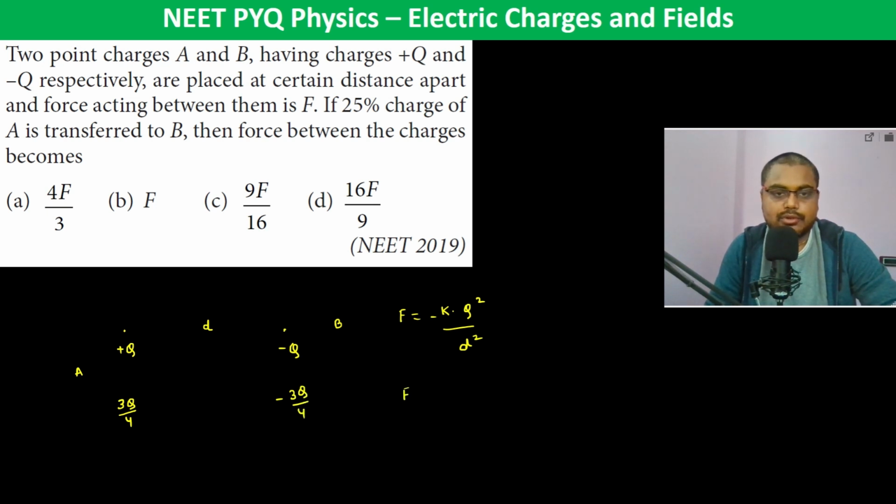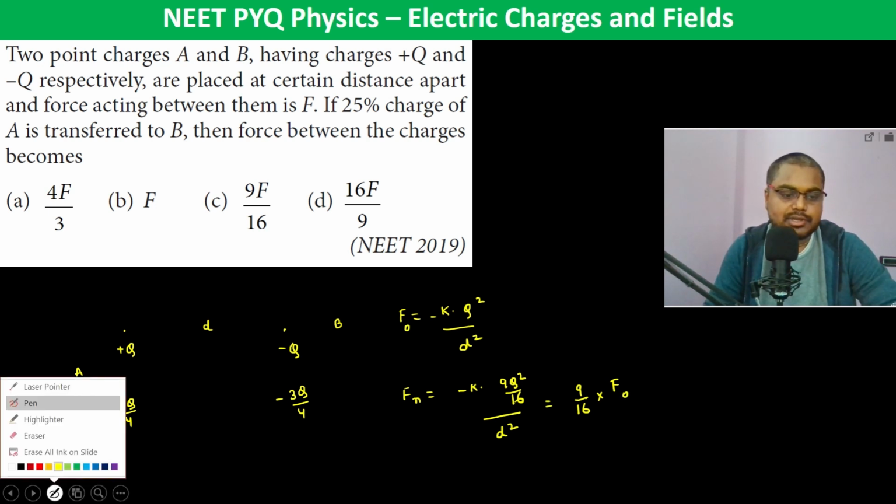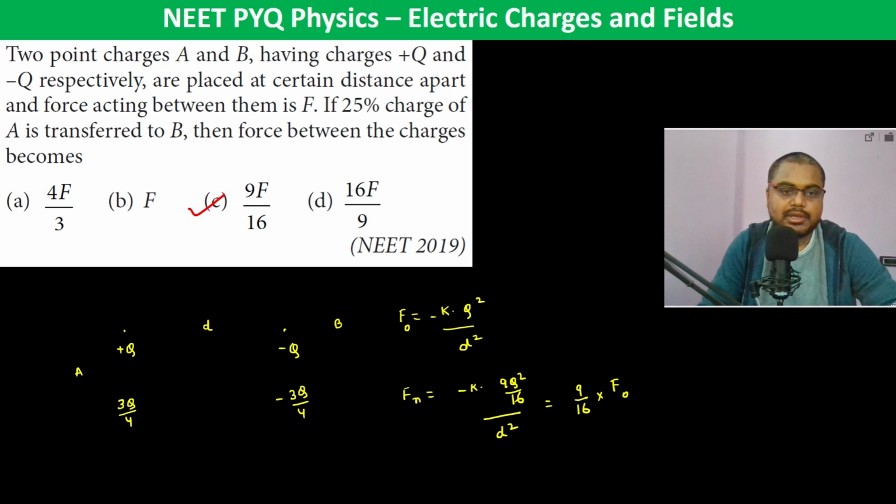So the new force is equal to minus k into 9q square by 16 divided by d square. So the new force becomes 9 by 16 into F original. Okay, so the answer will be 9 by 16.